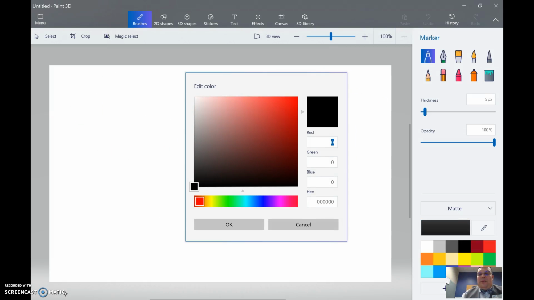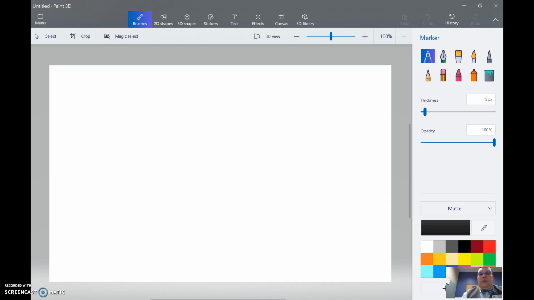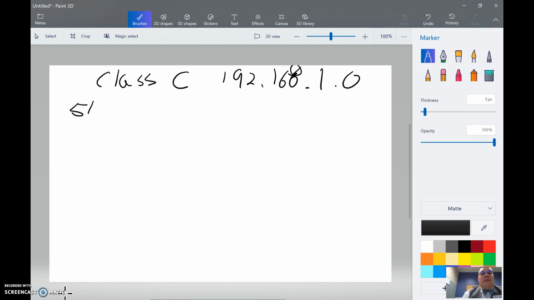Same exact concept if we're going from a class C, 192.168.1.0. We need to fit 510 people in it. So once again, I know it's 255.255.255, but I need to fit 510.